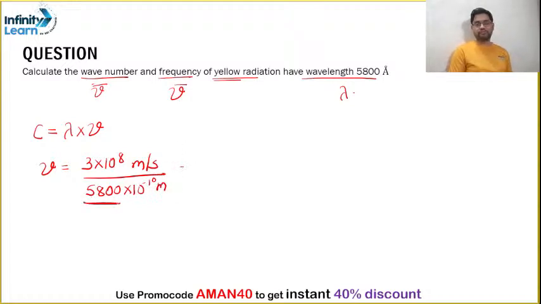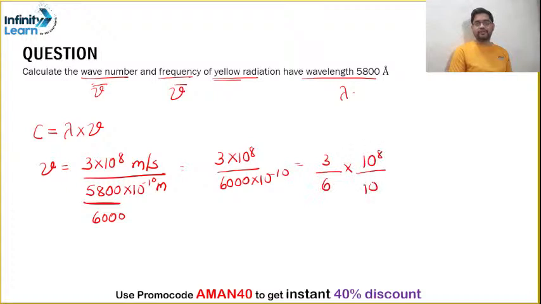Okay, I am going to approximate this as 6,000. I am just approximating it. So 3 into 10 raised to 8 divided by 6,000 into 10 raised to minus 10. That is equal to 3 by 6 into 10 raised to 8 into 10 raised to minus 7. Minus 7 gone up becomes plus 7.